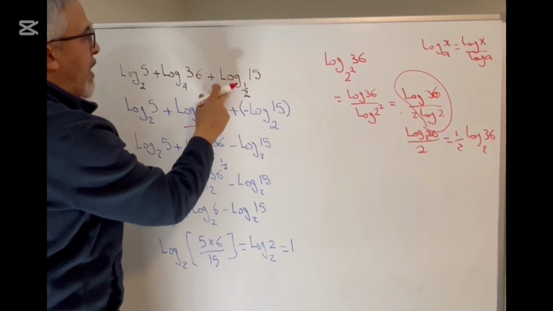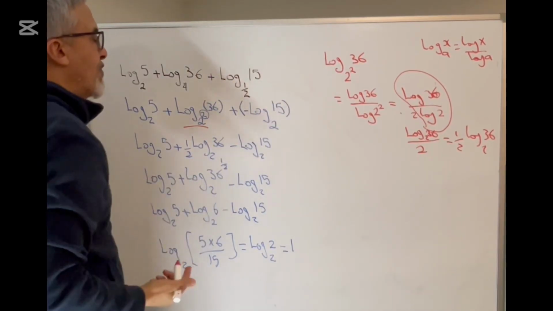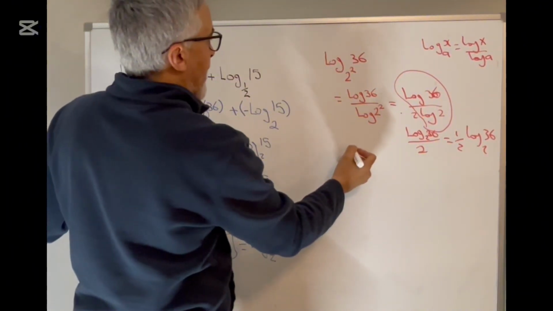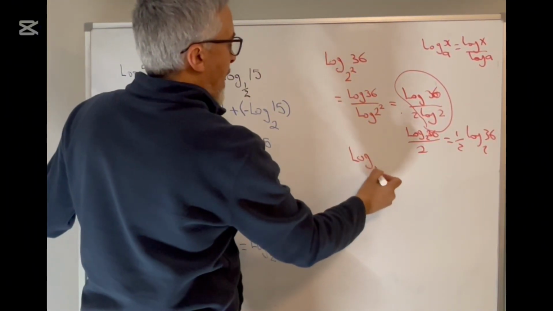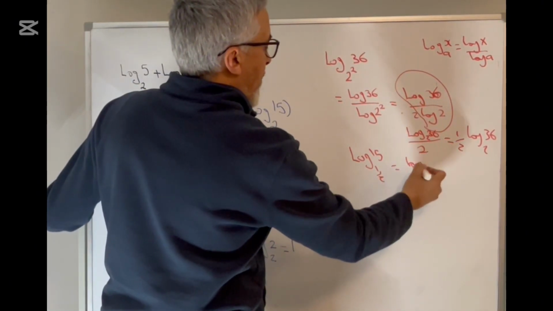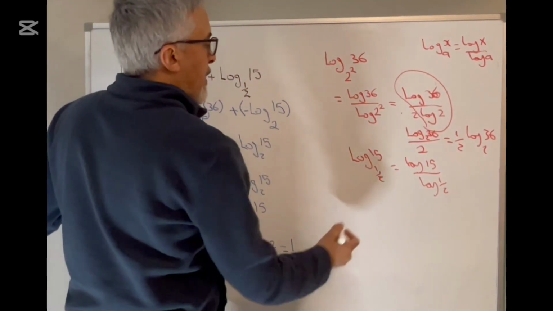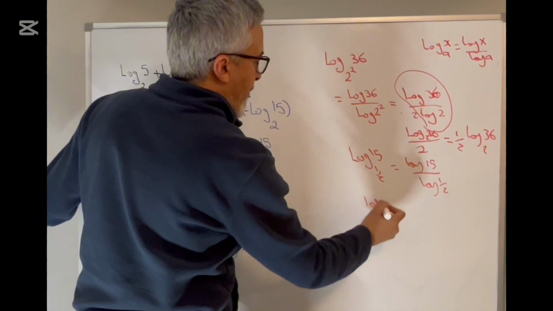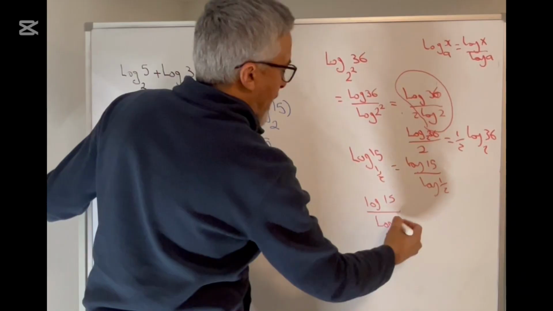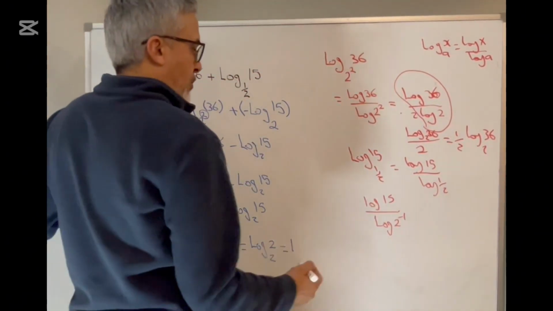How about this? Base half of 15 becomes negative log base 2 of 15. It's the same thing. So I'm going to take log base half of 15 and change that to log 15 over log half. Now, I'm going to make that log 15 over log of, and the half, I'm just going to make that 2 to the power of negative 1, because 2 to the power of negative 1 is the same as 1 over 2.